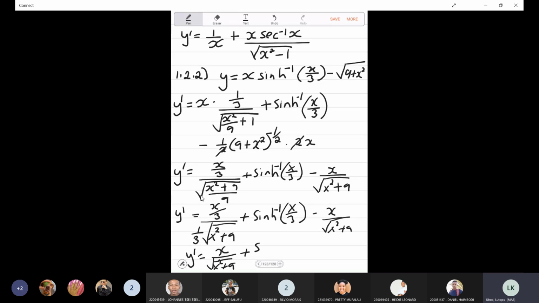plus hyperbolic sine inverse x/3 minus x over the square root of x² plus 9. And this first term and the third term are the same except for the sign, so they can cancel each other out.